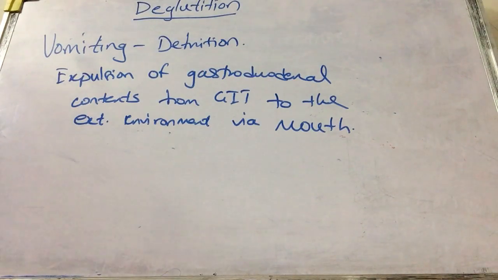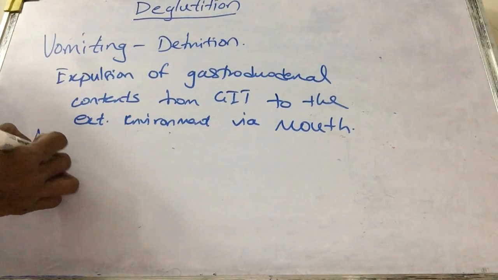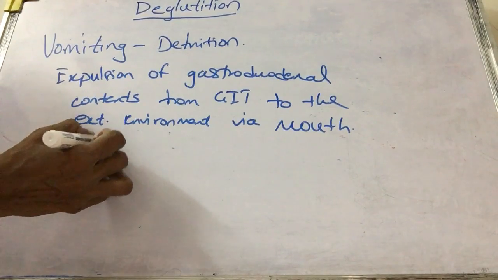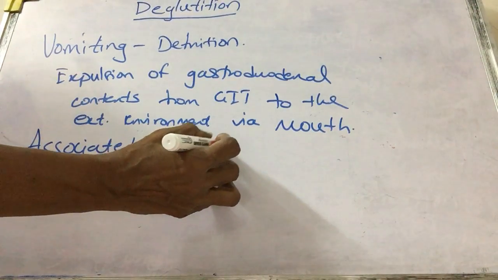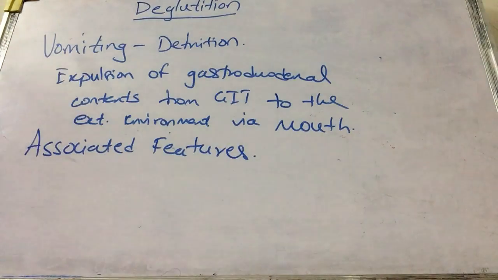There are some associated features which occur along with vomiting. Vomiting is usually preceded by the feeling of nausea, tachycardia, sweating, pallor, dizziness, and dilatation of pupils. It is associated with retching that forces the contents of the stomach into the esophagus.